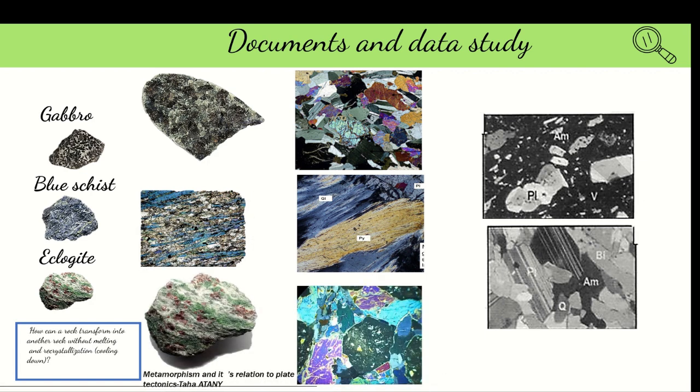Now what about eclogite? We notice at first eclogite is spotted. However, it's not grainy. There is a difference between grainy and spotted. We notice also there are some layers of green and white interrupted by those spots of red mineral, that is garnet. We could not say that is grainy. Okay, and if we observe through the polarized microscope, it's not microlitic.